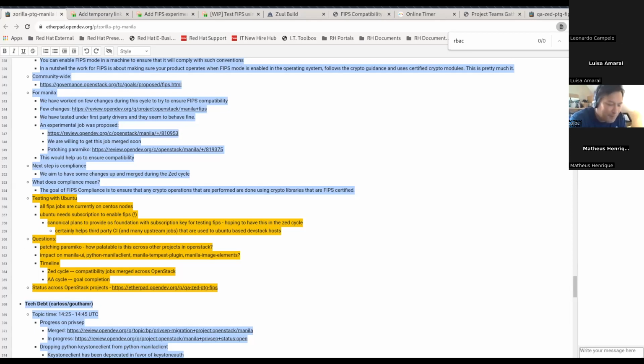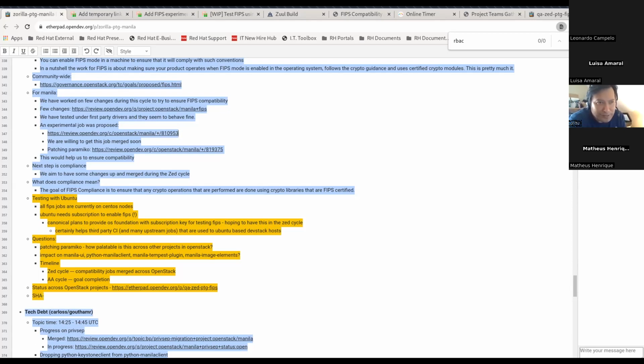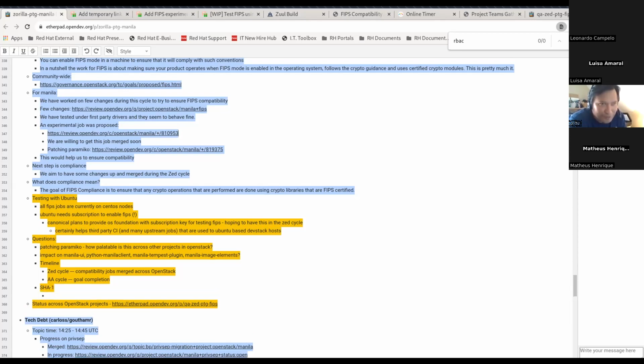There are things that passed on CentOS 8 that didn't pass on CentOS 9, for example, because crypto policies were tightened up in OpenSSL and other places. And so things may be different on Canonical as well, as opposed to CentOS, right?